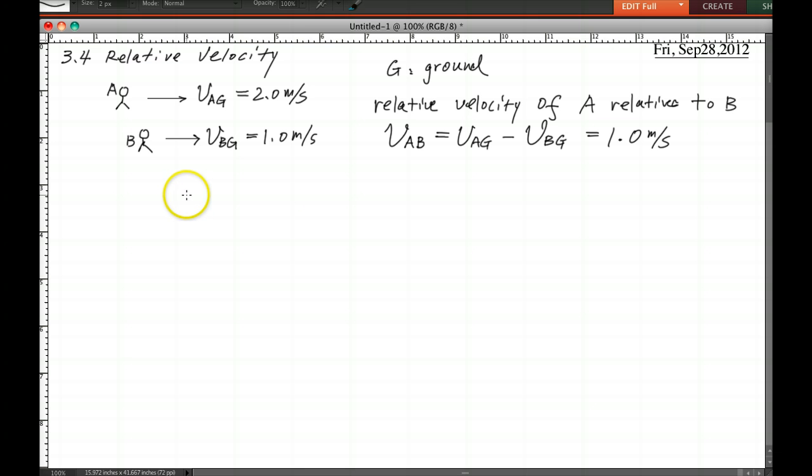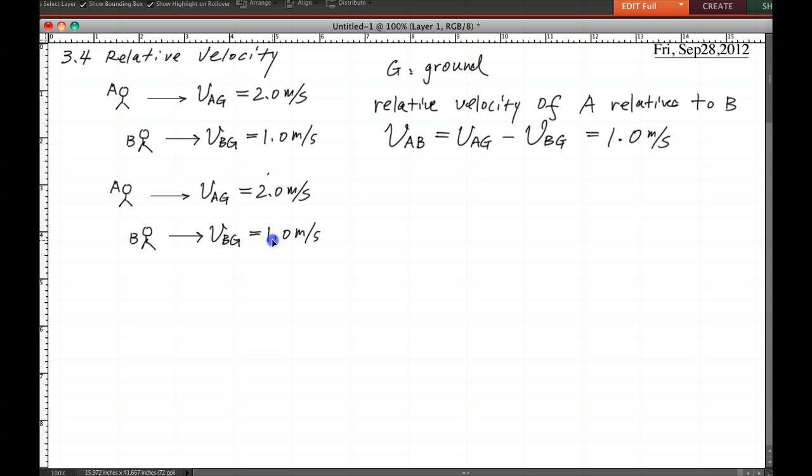Let's make it a little more complicated. Let me copy this and change it a little. The VB is going to be reversed.